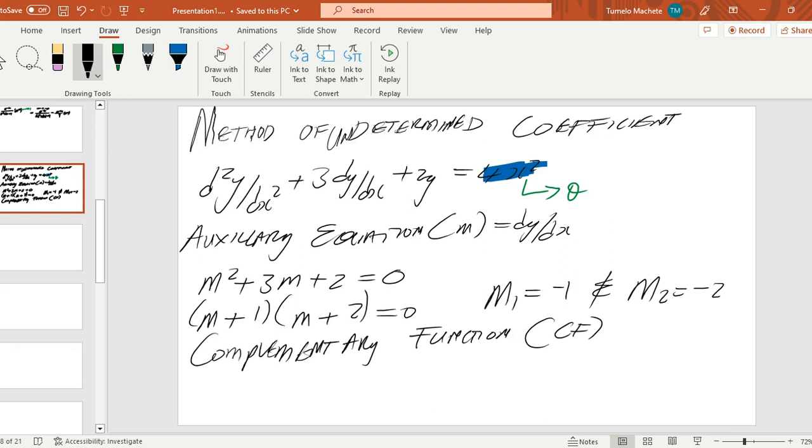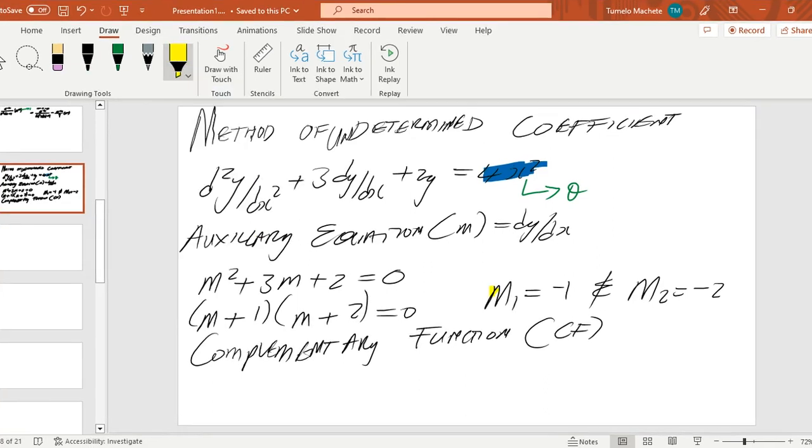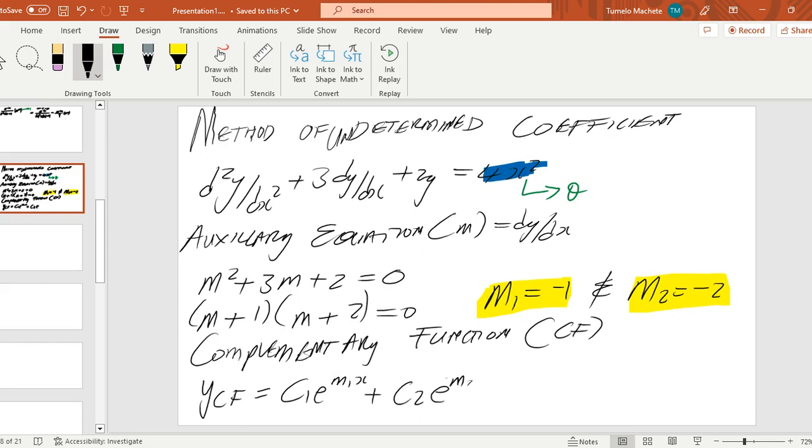Since your factors are not the same, the equation you're going to use for your YCF is C1 e to the power m1x plus C2 e to the power m2x, because the factors are not the same.